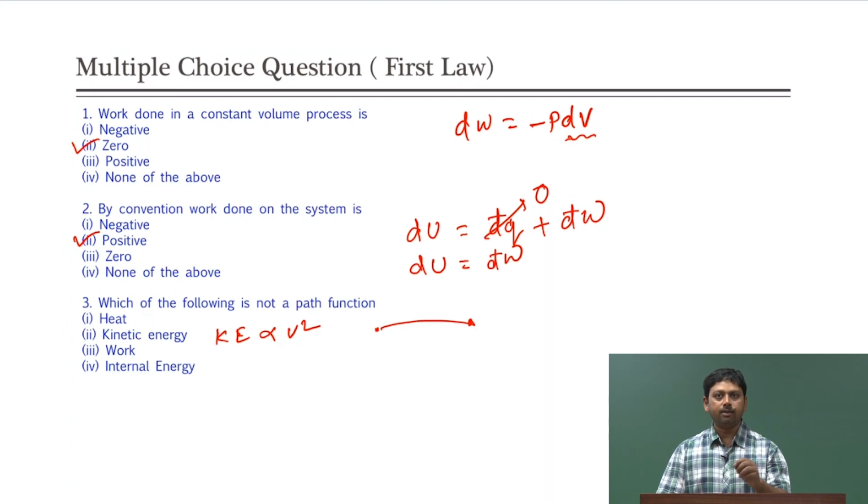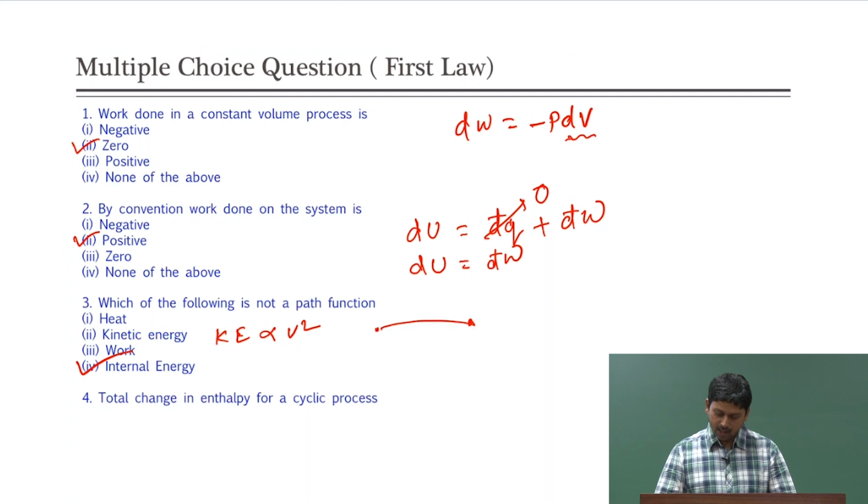So, at every point the kinetic energy can be different. Internal energy, however, by definition is a state function, because internal energy is governed by the specific system coordinates. For example, we showed that internal energy depends on the number of molecules, volume, temperature and things like that. Therefore, it is by definition a state function. So, this is the right answer.